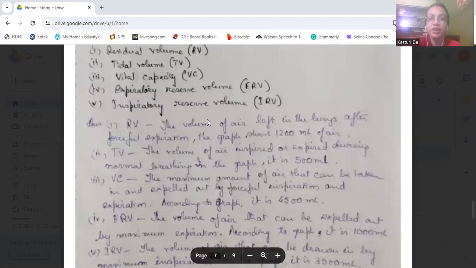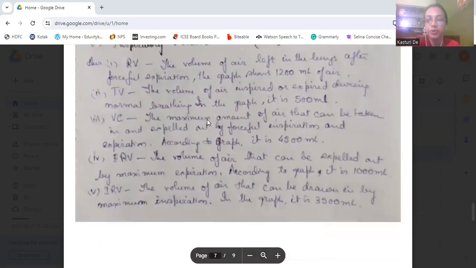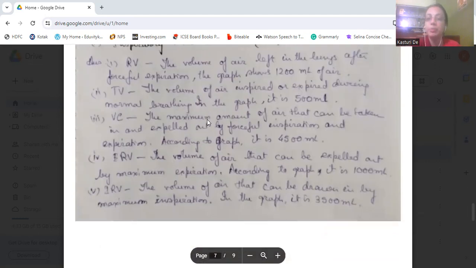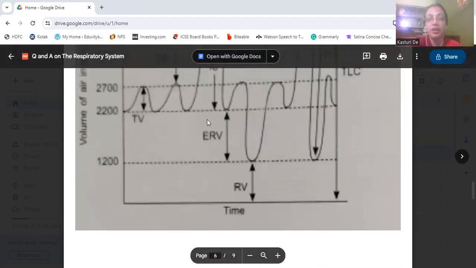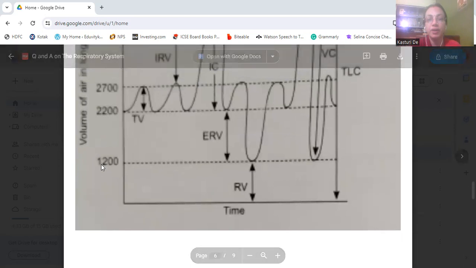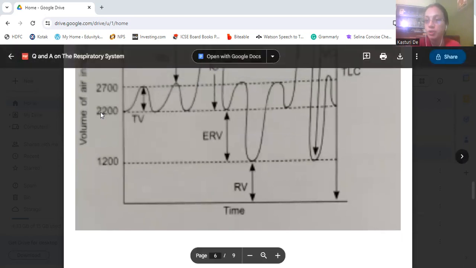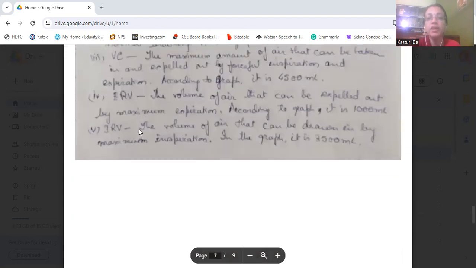Then ERV, that is expiratory reserve volume, the volume of air that can be expelled out by maximum expiration, which according to the graph is 1200 to 2200, that is 1000 ml. Then IRV, inspiratory reserve volume, the volume of air that can be drawn in by maximum inspiration, forceful inspiration.